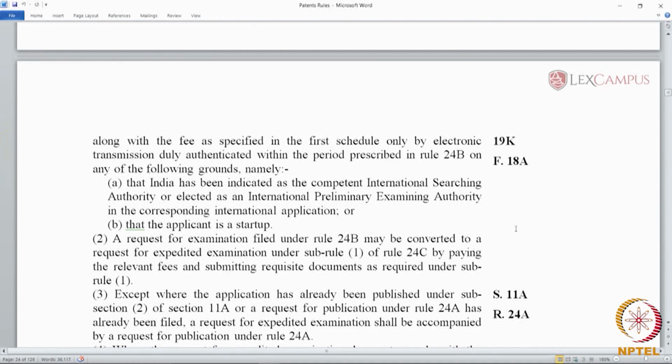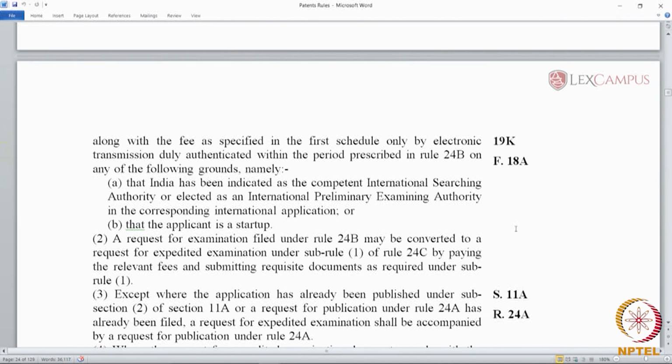So, the first category pertains to cases where an applicant has filed an international application and has chosen India as the International Searching Authority or the International Preliminary Examining Authority.